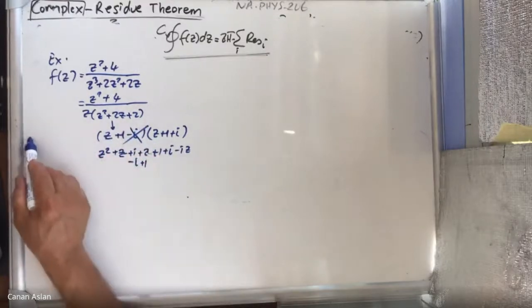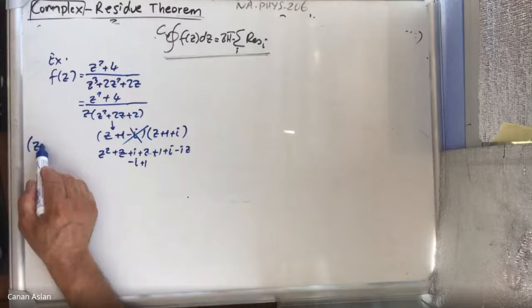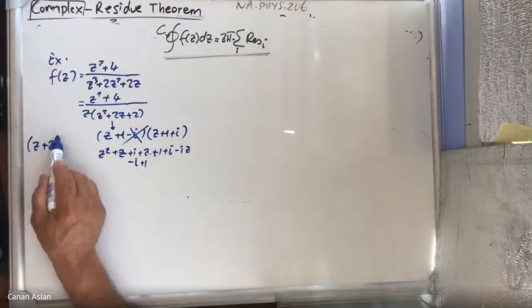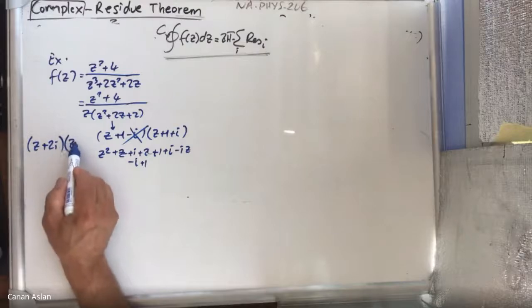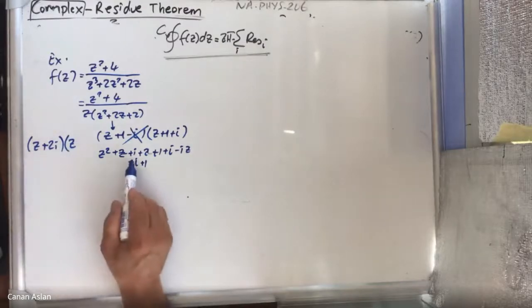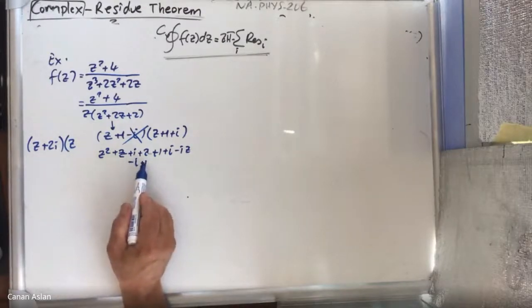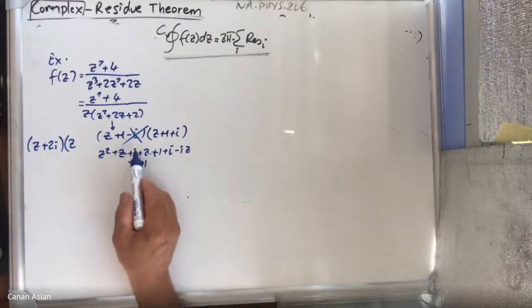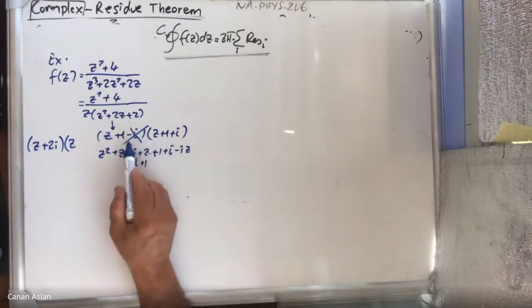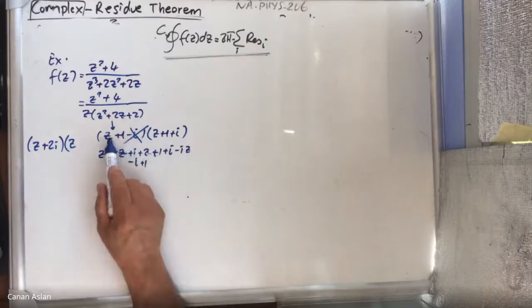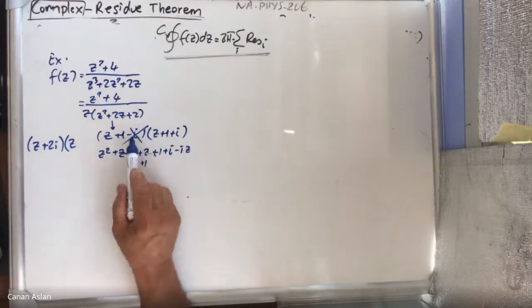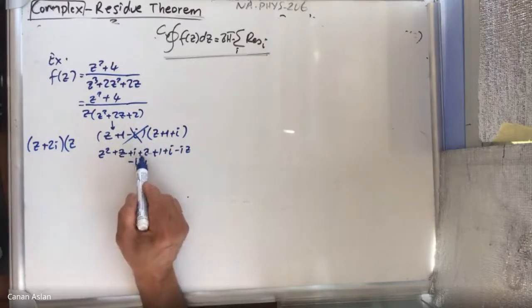So let's do this: z plus 2i, and then let's multiply by z. Let's check if we can really get this result. Z squared plus z plus iz.